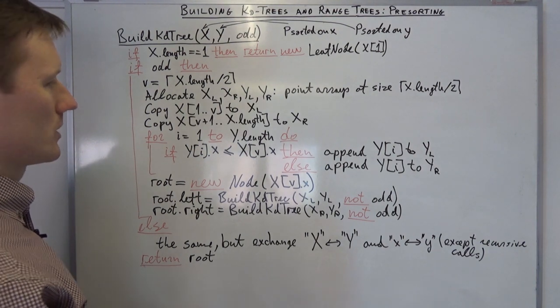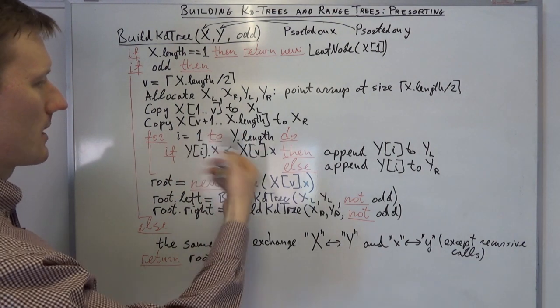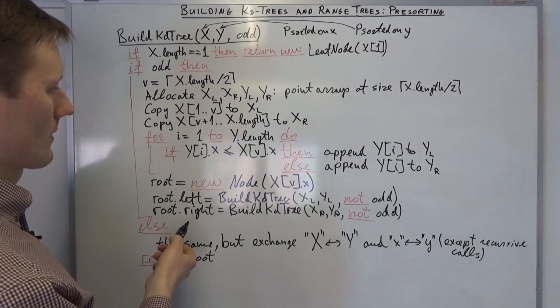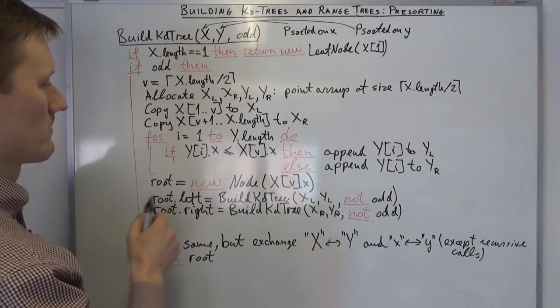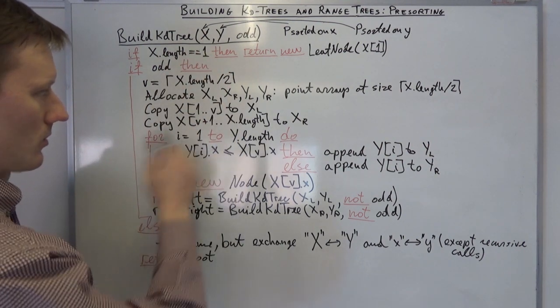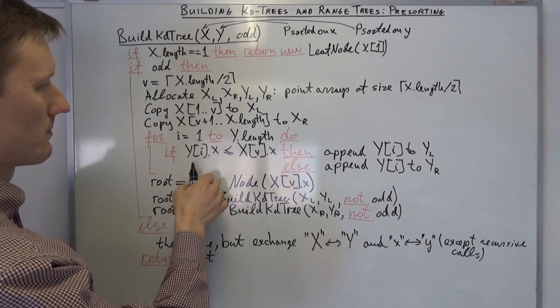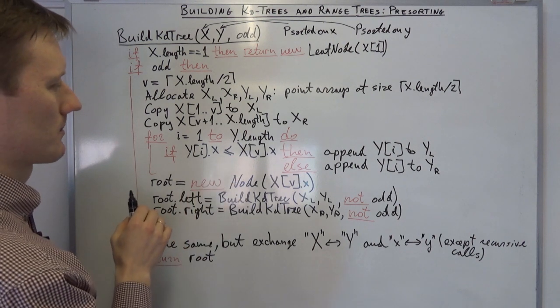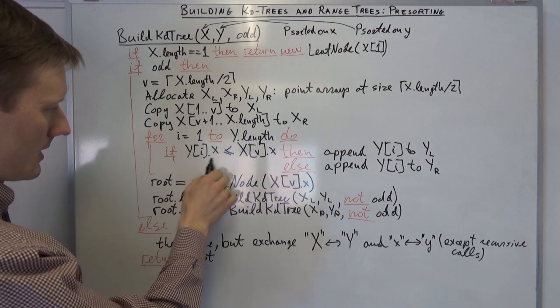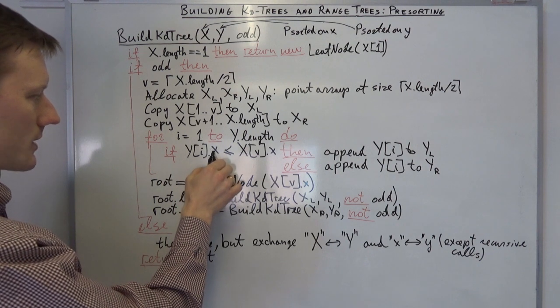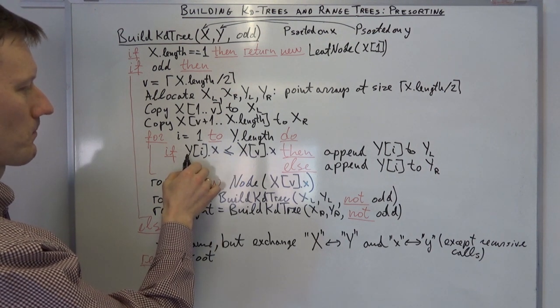And then what we do is we pick elements from the Y array in the order of the Y array, and for each element we see if it belongs to the left subproblem or the right subproblem. It's important to note that here I'm looking at the X coordinate in the Y array.